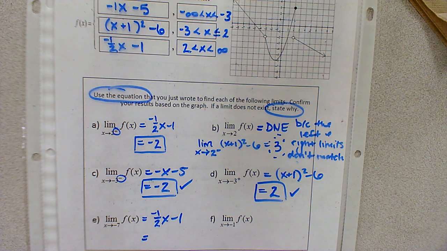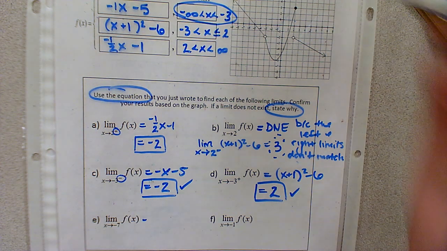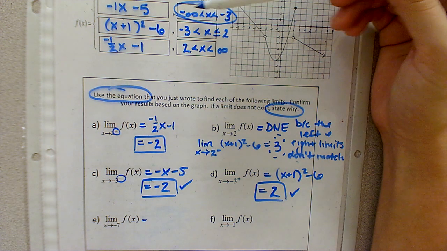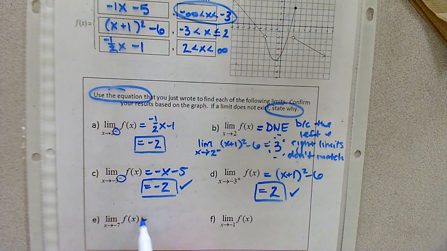So plugging in -7, we would have, oh wait, I used the wrong one. -7 actually falls within this constraint. Okay, silly me. So again, -7 is completely within there, so we just have to use that equation. Plugging in -7, this changes to +7 minus 5, which would be 2.